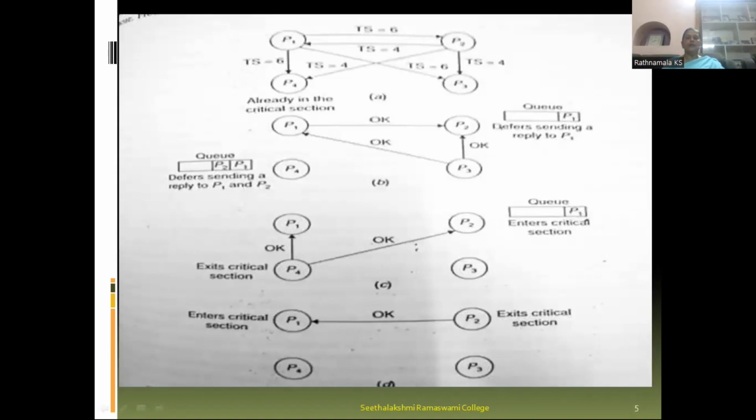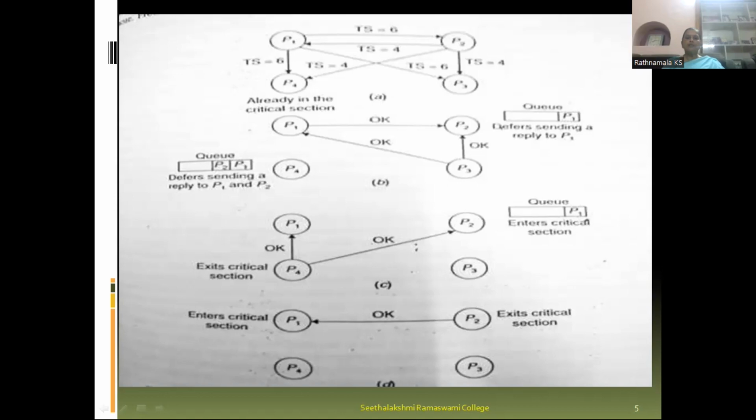See the first one, that is A. There are four processes: P1, P2, P3 and P4. P4 is already in the critical section. That is, a resource has been allocated to P4, and the same resource is now required by P1 and P2. P3 is not at all bothered. It is busy with some other activity.